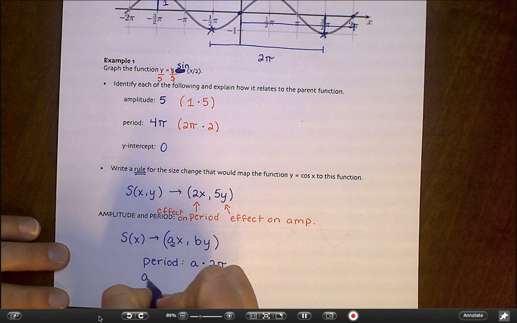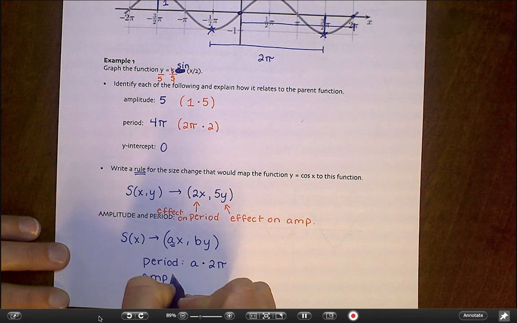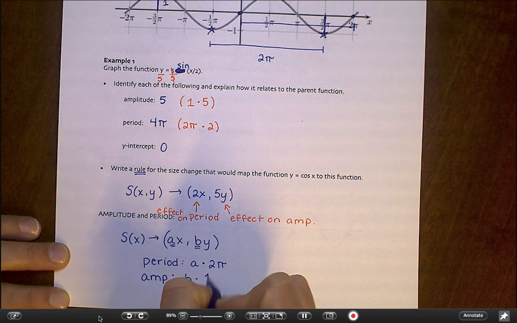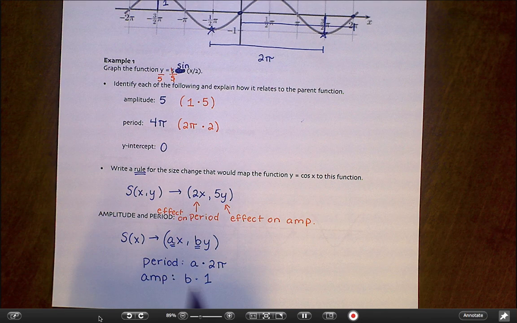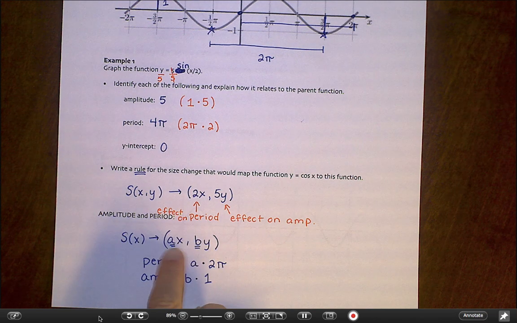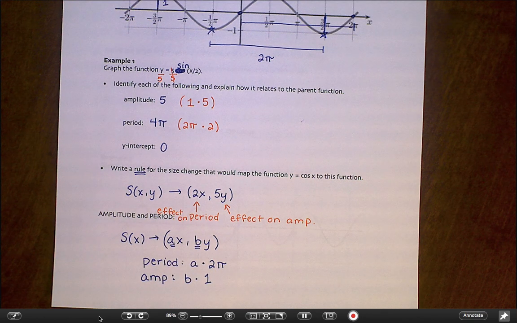And your new amplitude will be this B value times the original amplitude of 1. And again, this one is really easy because anything times 1 is just itself. So I can just look at this and say, okay, that thing right there is my amplitude. But the period, you have to think about applying that to a 2 pi to give the new period value.